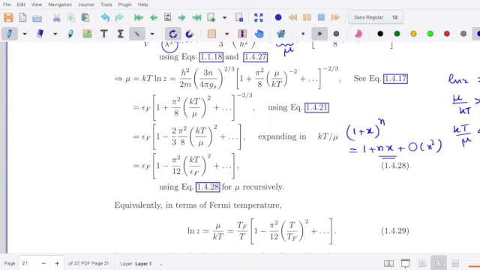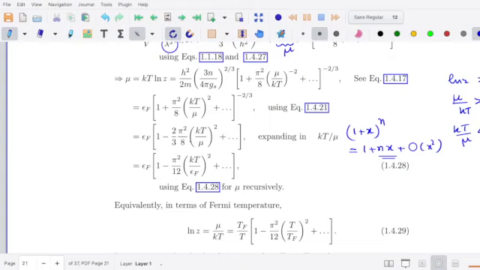So 1, then minus 2/3 into whatever is coming after 1 here, which is this term. There are other terms after this as well, but they are all smaller, of higher order in kT by mu. So keeping the lowest order, I just need to consider this term. So this is going to be 1 minus 2/3 times pi squared by 8 times (kT by mu) squared plus higher order terms.